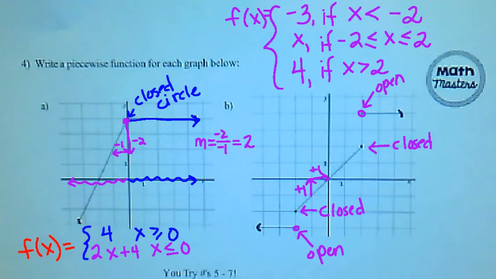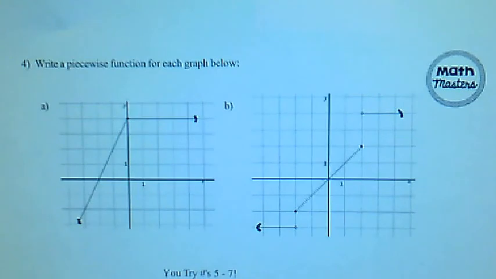Your homework, and again, classwork if you have time, is going to be numbers 5 through 7. And then if you look past those, I just want to do a real quick recap.